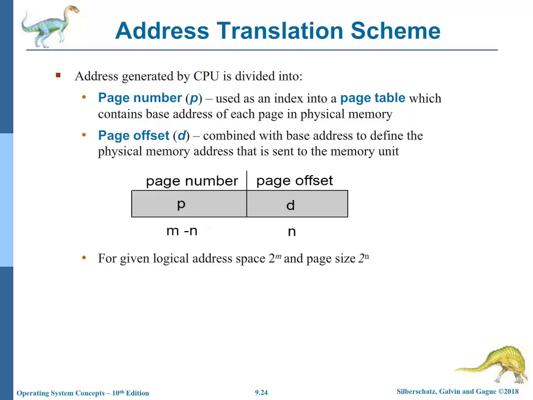The page table maps the page number to a frame number to yield a physical address, which also has two parts: the frame number and the offset within that frame. The number of bits in the frame number determines how many frames the system can address, and the number of bits in the offset determines the size of each frame.